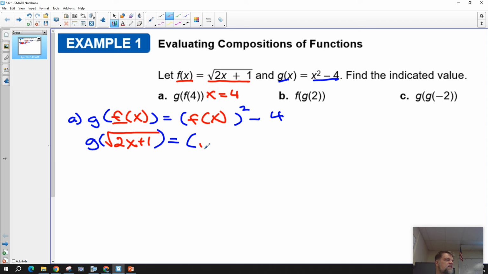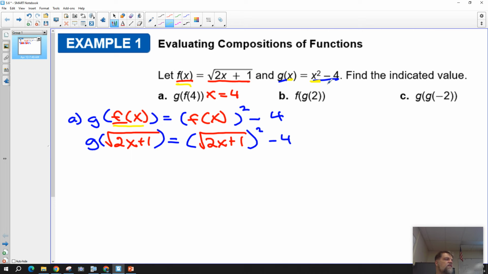I'm going to say the square root of 2x plus 1, squared, minus 4. Okay? And so I just want to point out that we're just taking f of x, this is f of x, and we're plugging it in wherever there is an x into g of x.